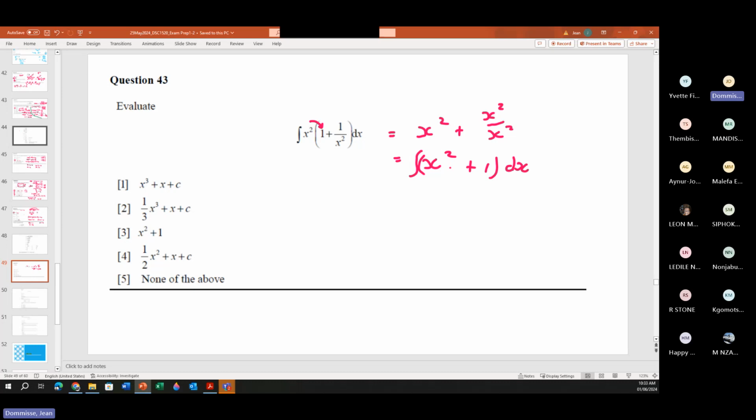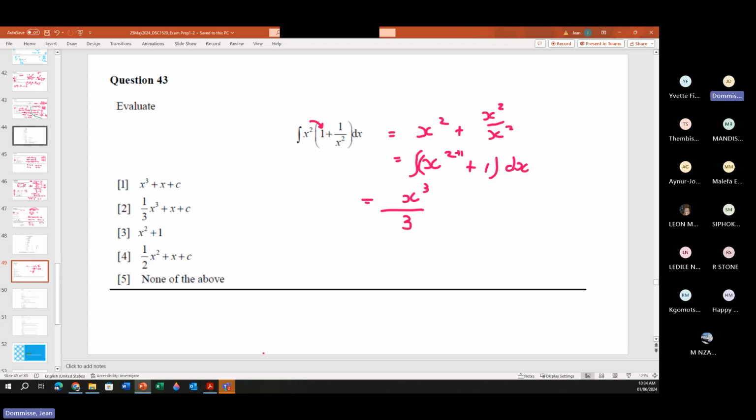Okay, so if I do that, remember what we need to do is to say, well, here I need to add plus 1, then that will become x to the power of 3, but then I divide by what that exponent is. So my first one will be x to the power of 3 divided by 3.